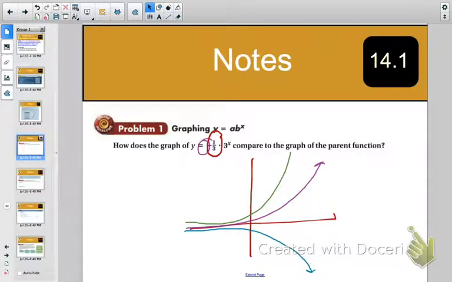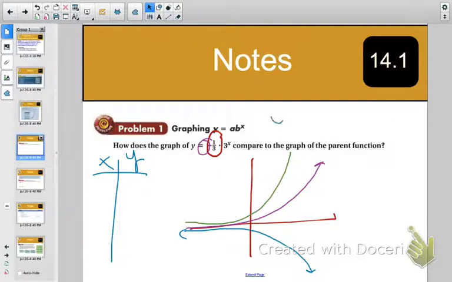Obviously these are just approximations, but you can always make a table of values and figure out where the points go specifically, making an x-y table and plugging in your x's and y's. But that's what it should look like. So it is compressed by a factor of 1/3, and it is reflected over the x-axis. So it's a vertical reflection.